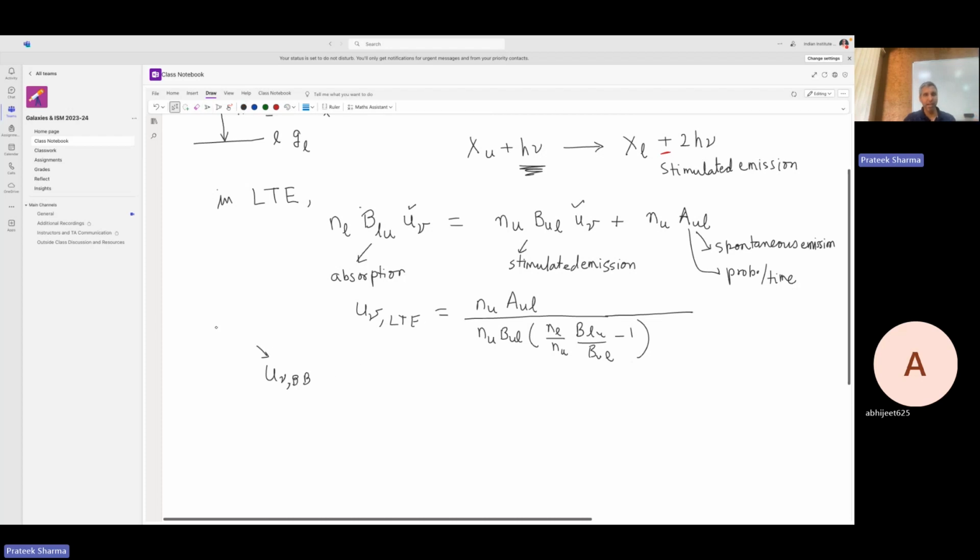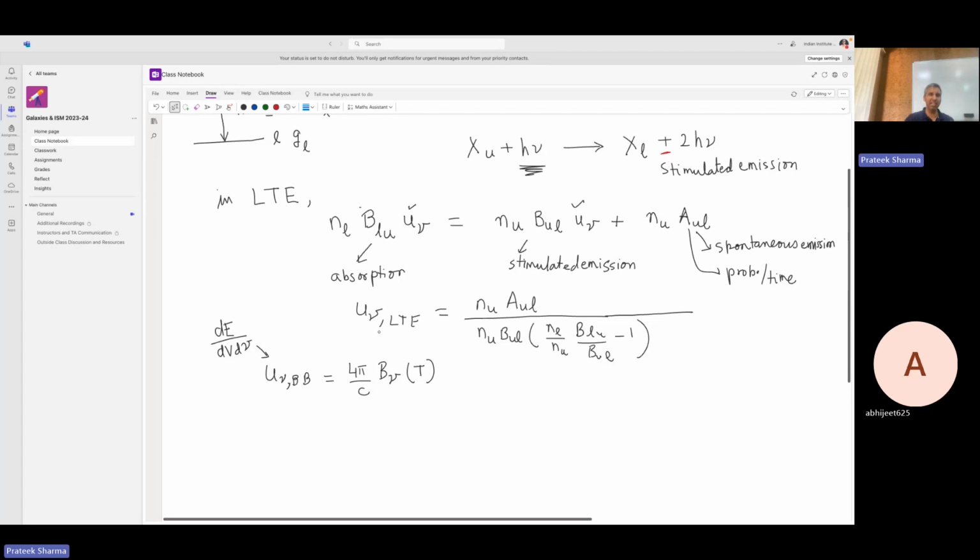This is energy per unit volume per unit frequency, the energy contained in the photon field. This is equal to 4 pi by c times B_nu, the black body function, which is a function of temperature.